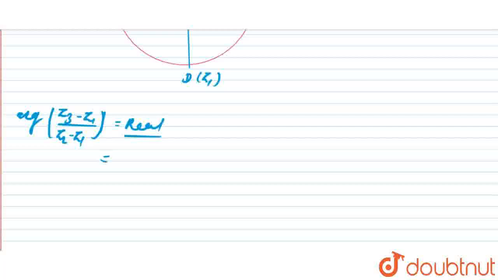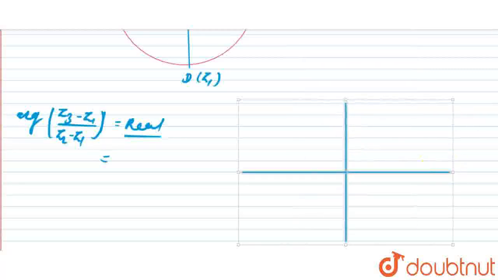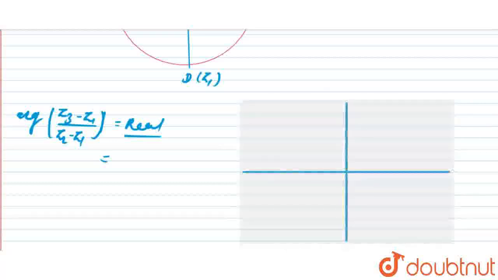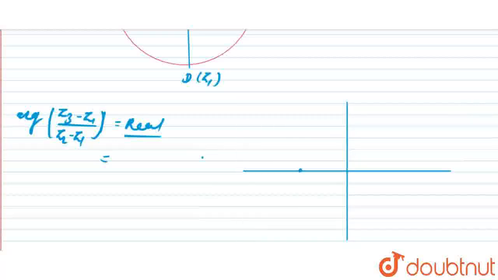If the argument is real, just imagine that this is your coordinate system, and if any points, say this is Z and this is Z dash, are lying on the x-axis or are real points, then the angle between them will be either 0 degree or pi, either 0 or pi, because both are lying on the real axis.